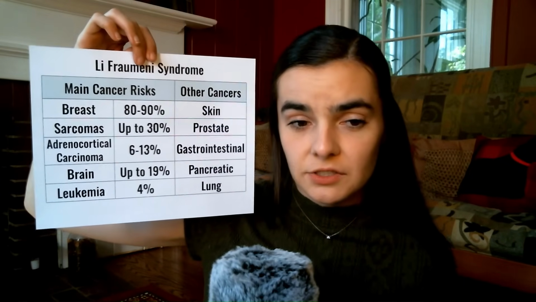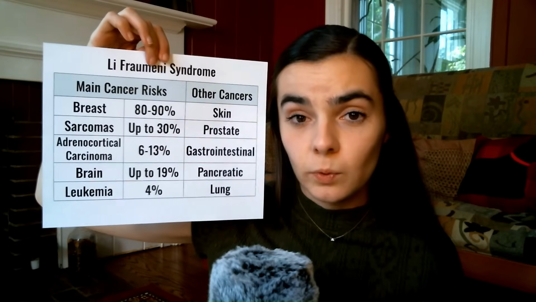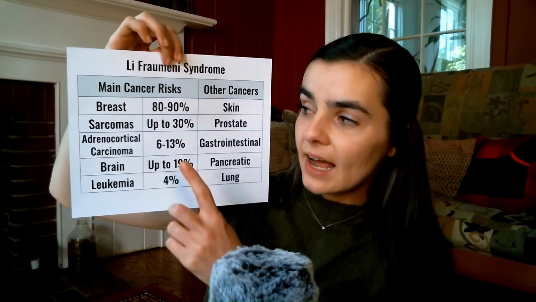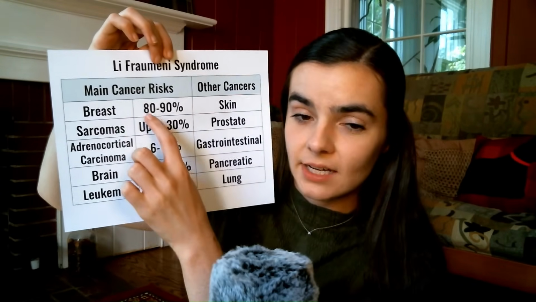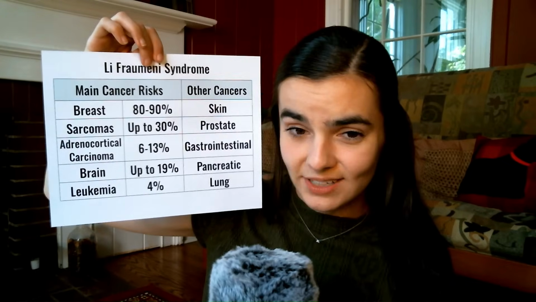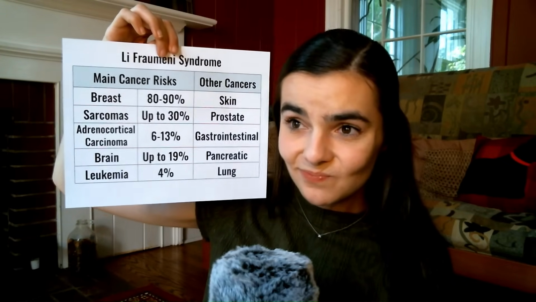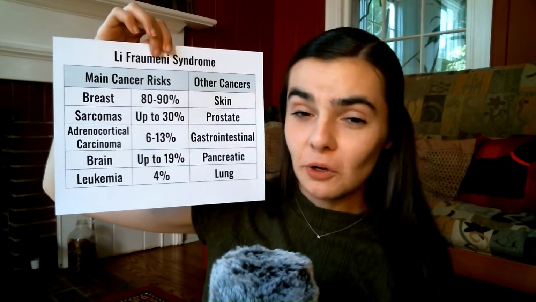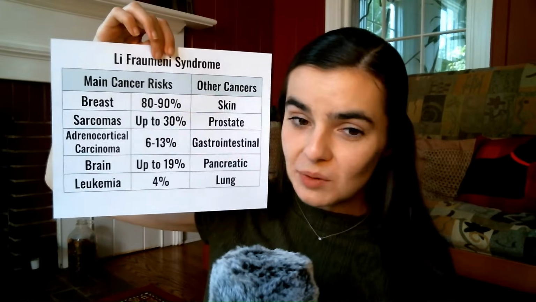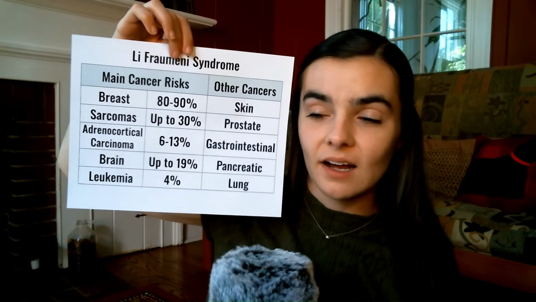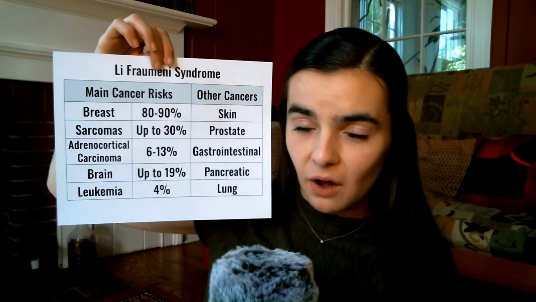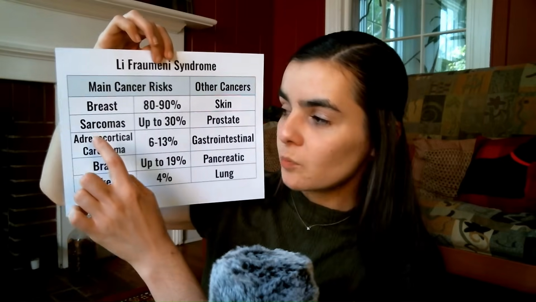The risk of cancer overall is higher for women with Li-Fraumeni, and that's because the risk of breast cancer is 80 to 90%. So for a woman with Li-Fraumeni, she's probably going to get breast cancer. Very, very common.